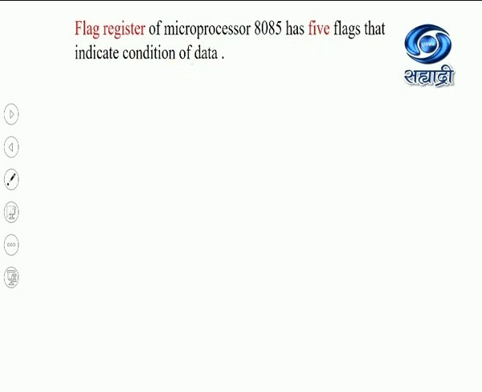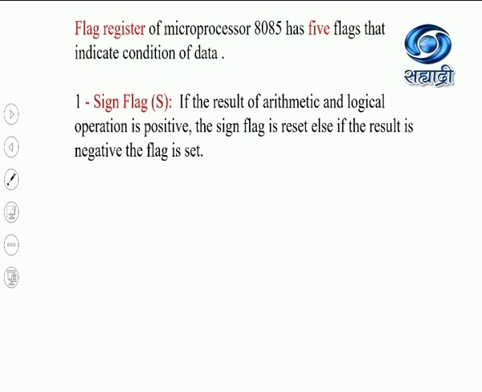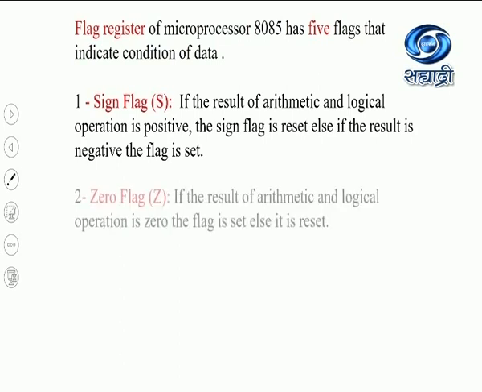So let us see the 5 flags. Sign flag. If the result of an arithmetic and logical operation is positive, the sign flag is reset. Else, if the result is negative, the sign flag is set. So what is the significance of this sign flag? It indicates the polarity of the result, whether it is positive or negative.